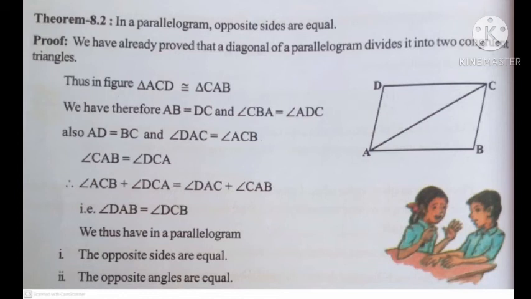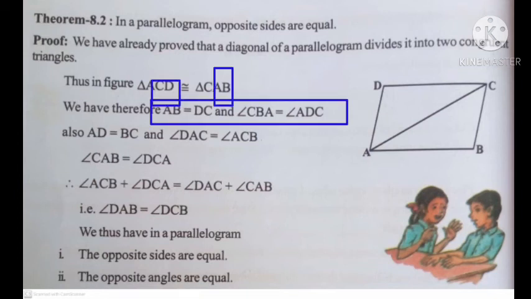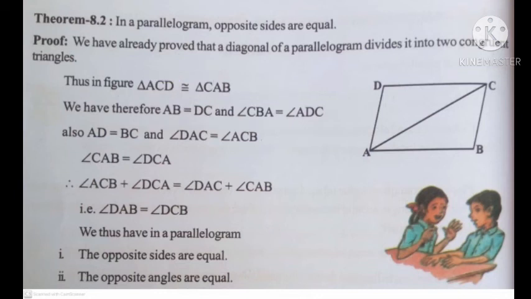We have therefore AB is equal to CD and angle CBA is equal to angle ADC, since CPCT, corresponding parts of congruent triangles. Also AD is equal to BC and angle DAC is equal to angle ACB because of CPCT. Therefore, in a parallelogram, opposite sides are equal. Hence proved.